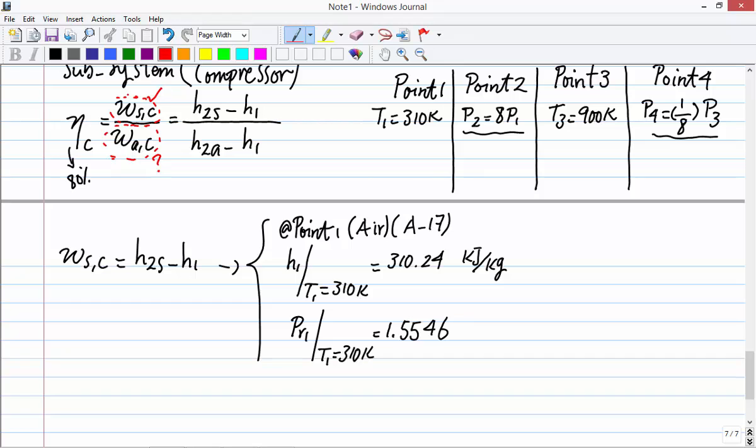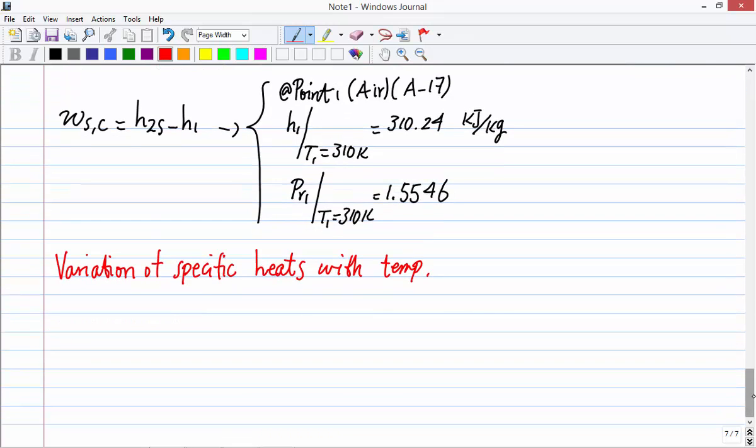Now, according to variation of specific heats with temperature, there's a trick, and you can check this in lecture 14, page 6.